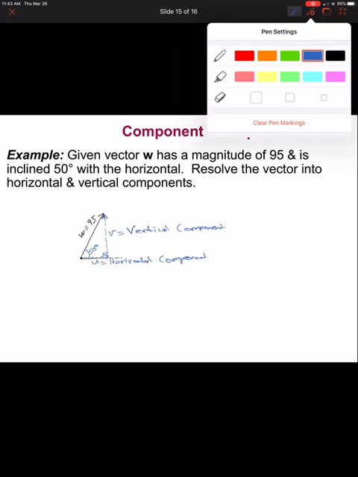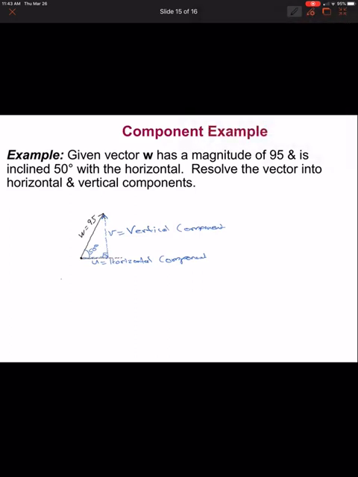If we want to find the horizontal component, let's go find u. To find u, we could use cosine. We know the cosine of 50 degrees is equal to the adjacent side, vector u, divided by the hypotenuse, which is 95, vector w.